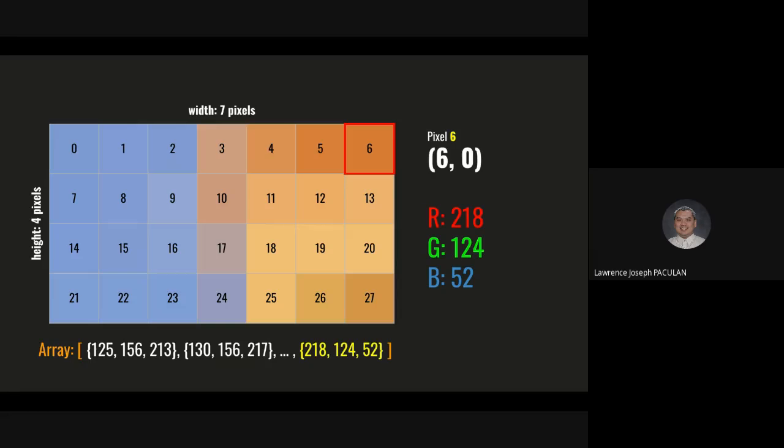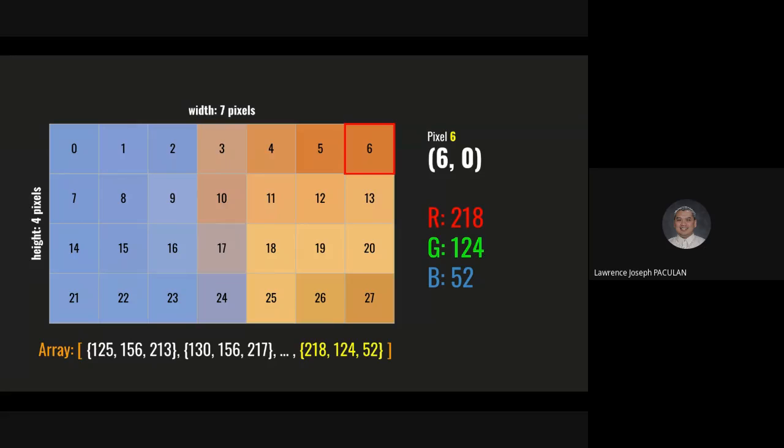Okay, so as you can see, the process is row by row. We go into the first row, row 0, and then we go into the different columns along that row. Then we reach the last column for that particular row. So that is pixel 6.